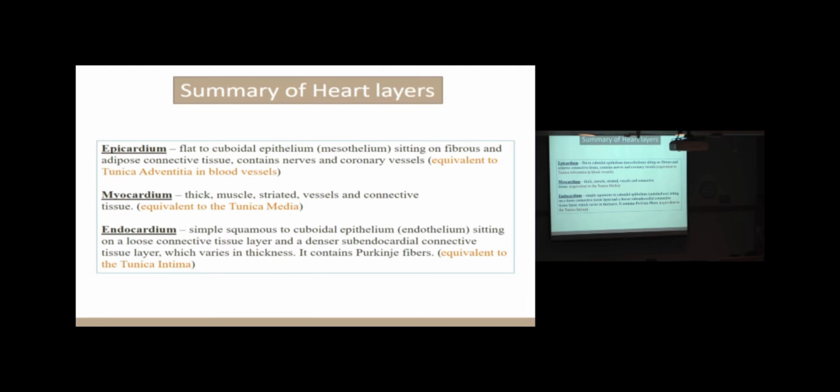And the endocardium, a simple squamous to cuboidal epithelium called an endothelium sitting on a loose connective tissue layer. In the ventricles, it will contain the Purkinje fibers. So the endothelium is actually continuous with the tunica intima of the large blood vessels leading to the heart.